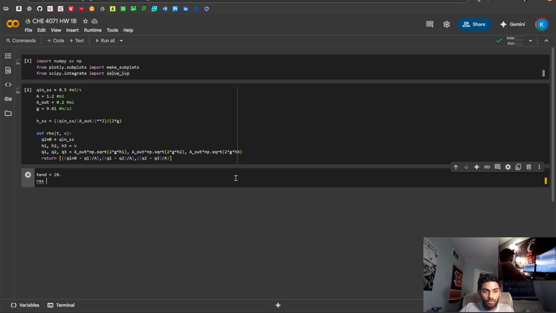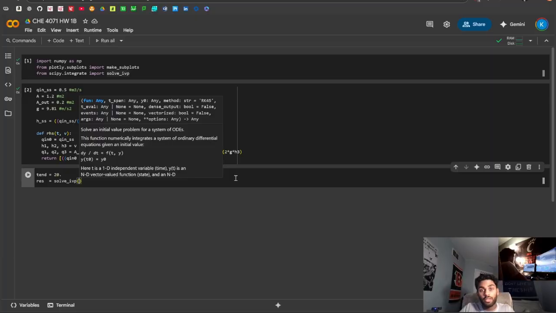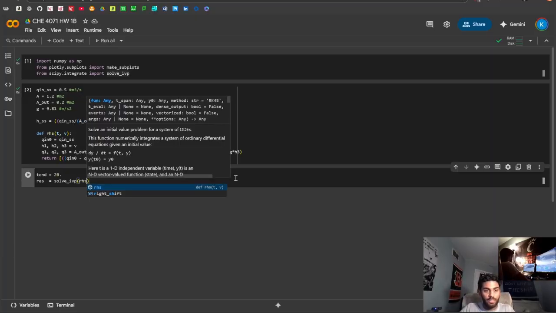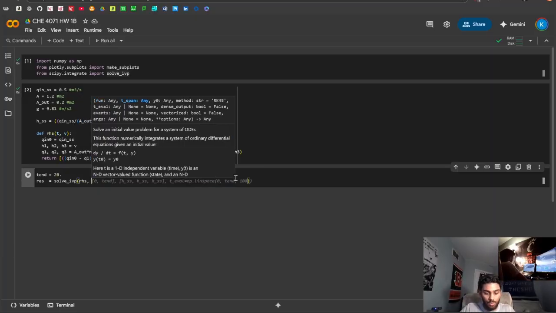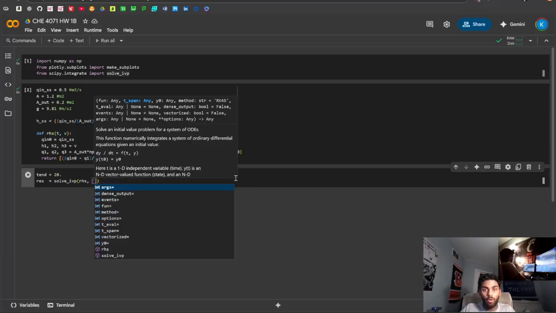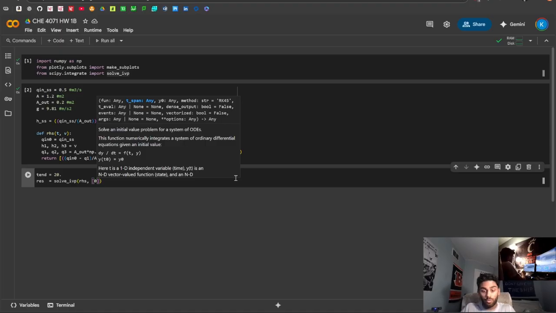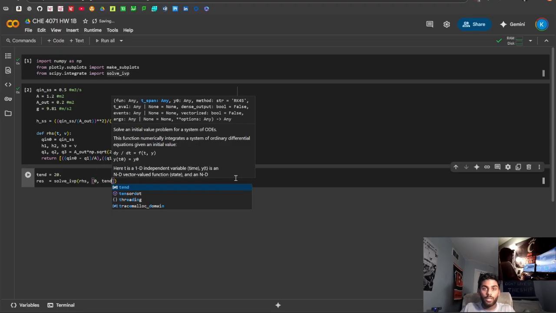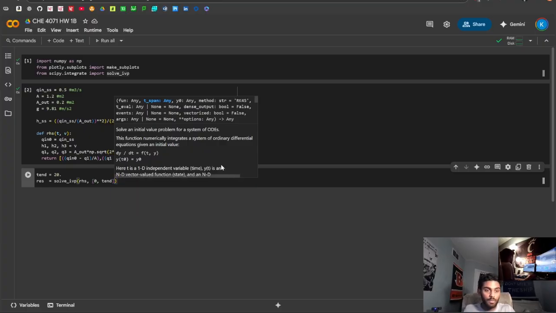We want our result, so I'm going to just call that res, and it's going to be equal to solve IVP. First thing we need to define is our function, which is our right-hand side function. We'll define our time range. So we're going to start at time equals 0, which is where the system is still at steady state, to the end time that we designed up here.